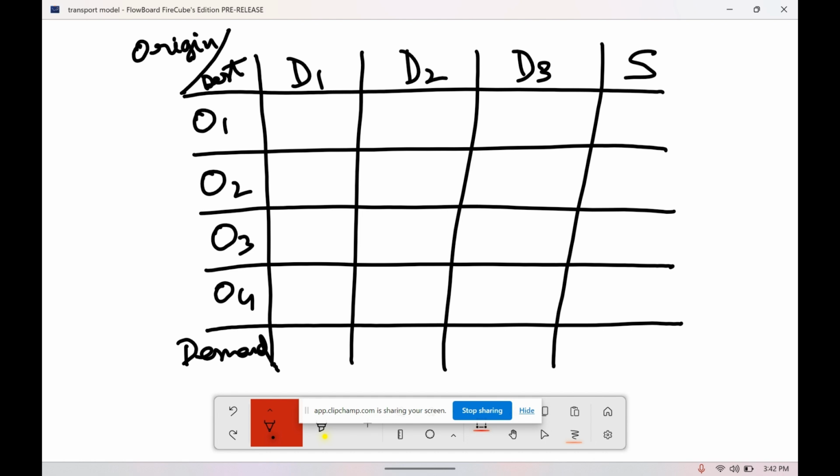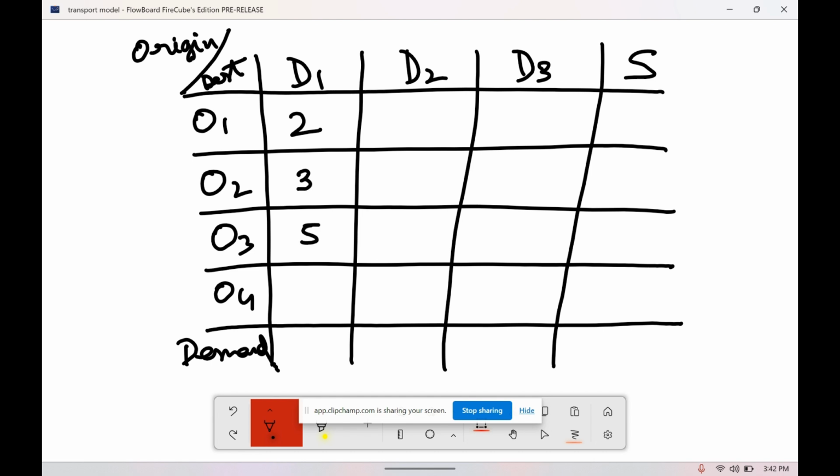So how do we check whether this is a balanced model or it is unbalanced? So we are doing it for balance. That means the supply and demand will be same. So from origin 1 to destination 1, cost per unit is 2. From origin 2 to destination 1, the cost per unit is 3.